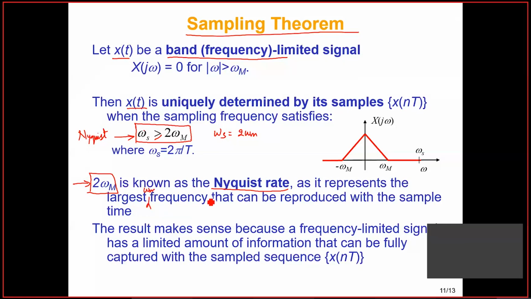Now this gives us the strength of selecting time period t, because time period t is 2 pi over omega s. Or in other words, the sampling frequency, we can call it fs, is 1 over t, and omega s is 2 pi times fs. So all these linkages are there. This answers that original question.